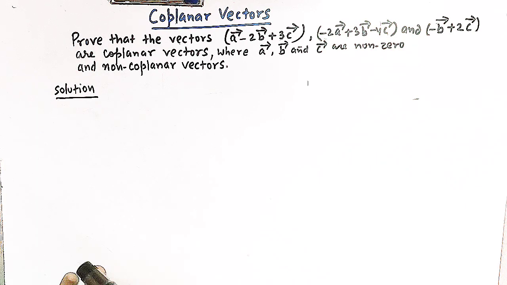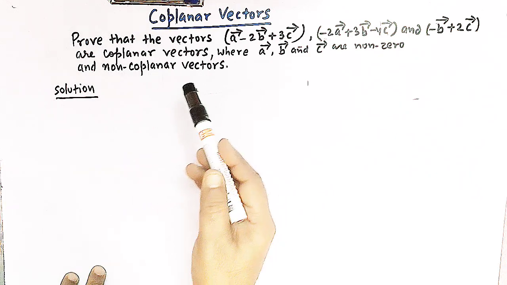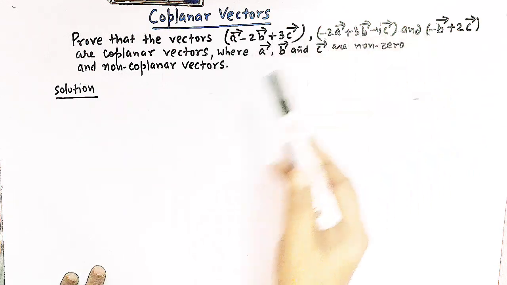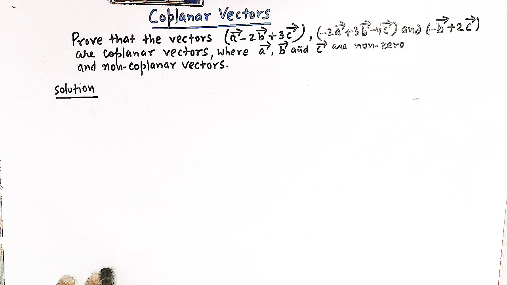So let us see how we can prove that these three vectors lie on the same plane using the concept of linear combination of vectors.